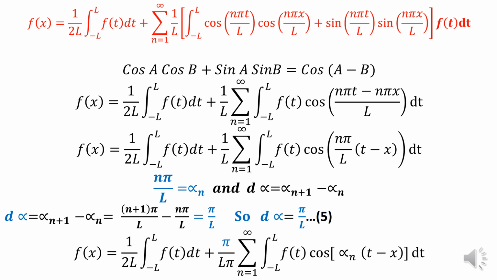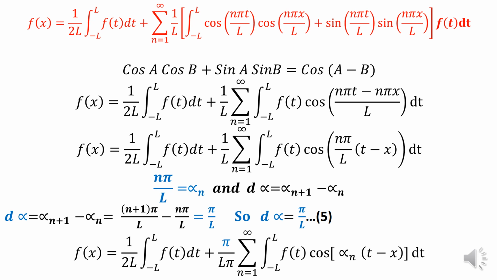So f(x) = 1/2l integral f(t) dt + 1/l summation, integral from -l to +l of f(t) dt, and this whole equation we can write as cos(a - b), where this is a and this is b, divided by l, because l is common here also.